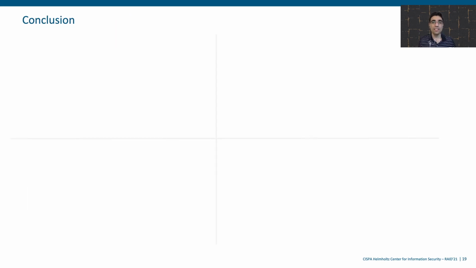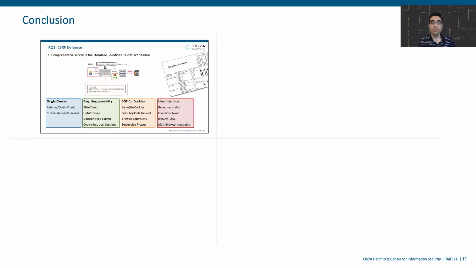In summary, in this paper, we undertake one of the first security evaluations of CSRF defense as implemented by web frameworks, with the overarching goal to identify additional explanations to the occurrences of such an old vulnerability. We start by systematically and comprehensively reviewing the existing literature and identify 16 distinct CSRF defenses and 19 threats against them.